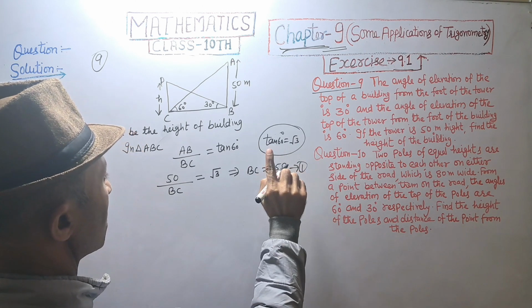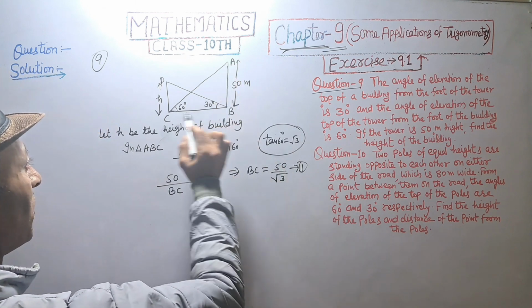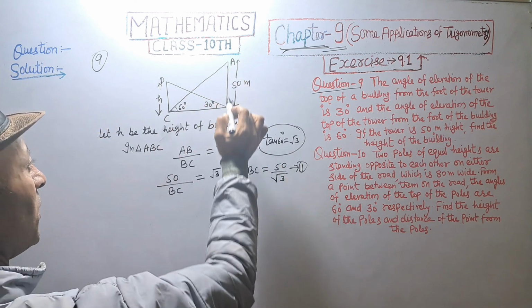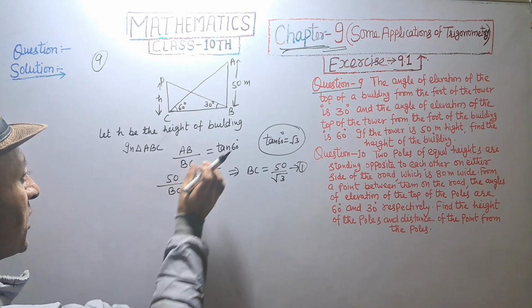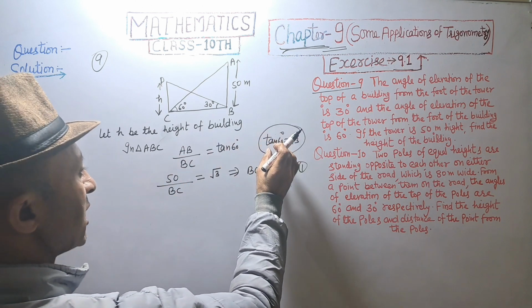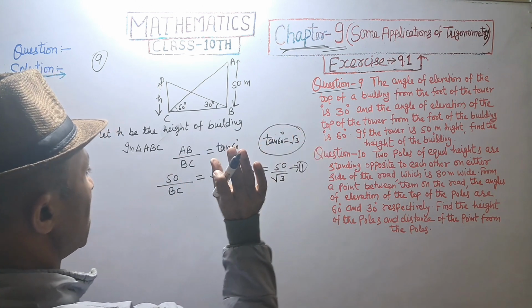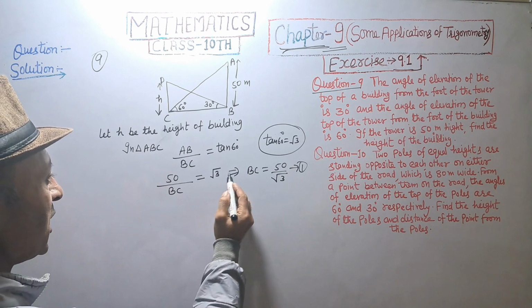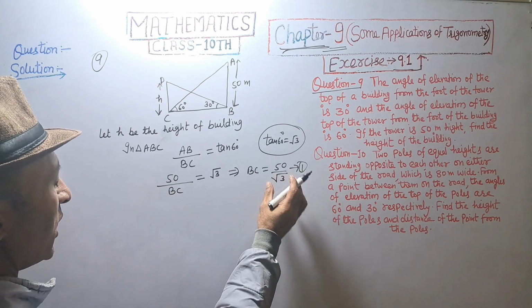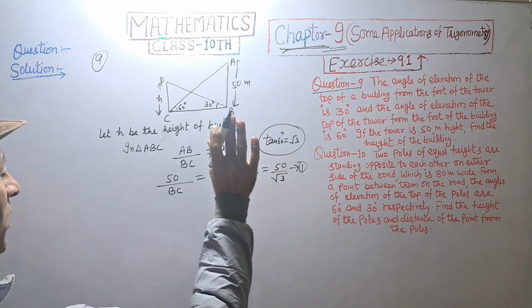It's equation number first. In triangle ABC, AB upon BC is equal to tangent 60 degrees, and tangent 60 degrees is equal to root 3. So BC is equal to 50 upon root 3. It's equation number first.